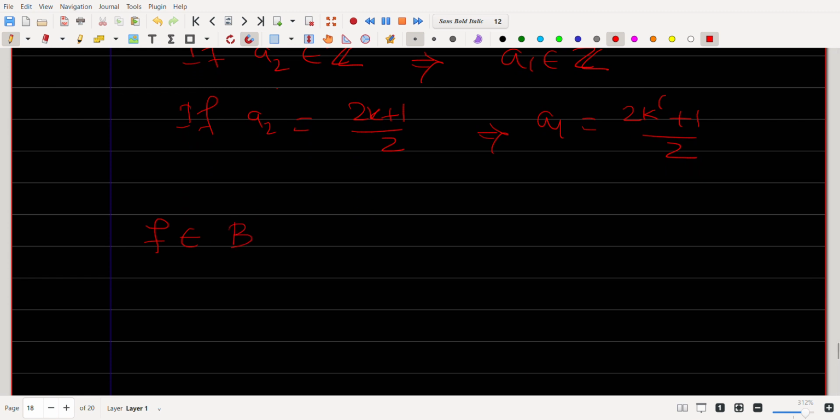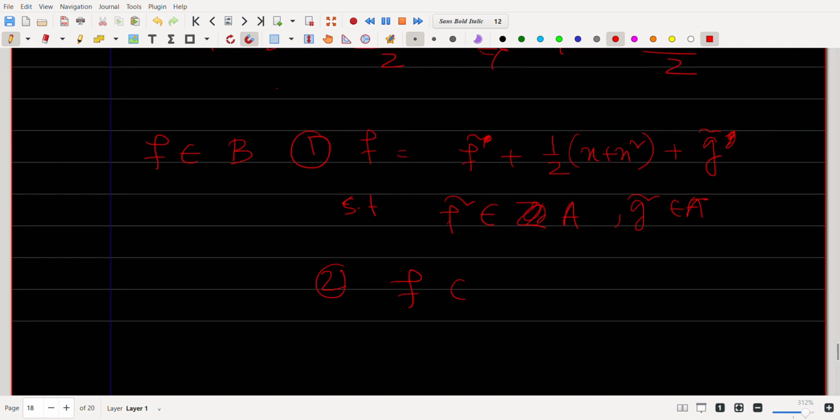So the only thing you can see is that if you take any polynomial f belonging to this B, you can write f equal to some f tilde plus (1/2)(x + x²) plus some g tilde, such that f tilde belongs to A and g tilde belongs to A. This is only one possibility, and the second one is that f directly belongs to A. So if f belongs to A, then you are fine.